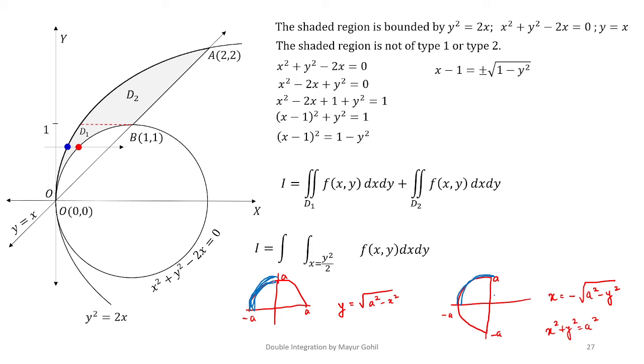How do we then deal with this quarter? Because here basically this is the circle which is shifted from the center, or if you call it, from the origin. So how do we decide which equation we should use for this part?